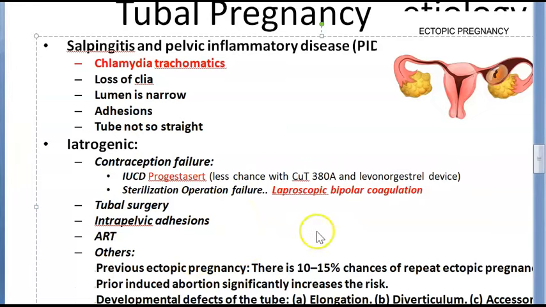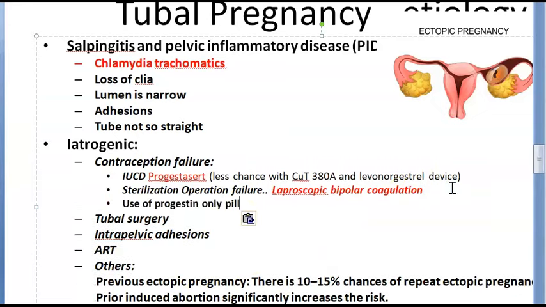Then, use of progestin-only pill. Obviously, you know that if people cannot take estrogen, then they will give them, instead of a combined oral contraceptive pill, a progestin-only pill. If you are taking only progestin pill, what will happen? There can be increased chance of tubal pregnancy due to impaired tubal motility. Okay.